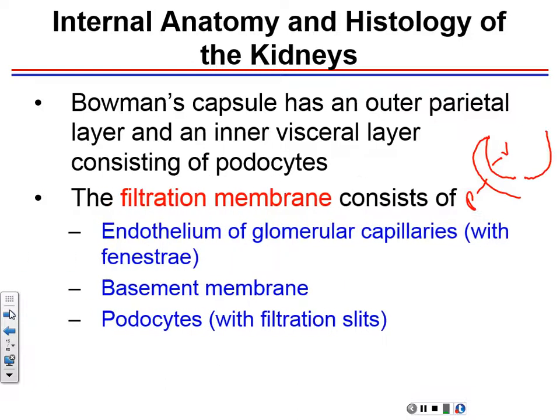The podocytes are cells that have processes that have holes on them. Why? Because you need to filter, so that the fluid, when it enters the Bowman's capsule, enters through those podocytes. And then it will enter into the proximal convoluted tubule, right? See what I'm saying? So there's podocytes.